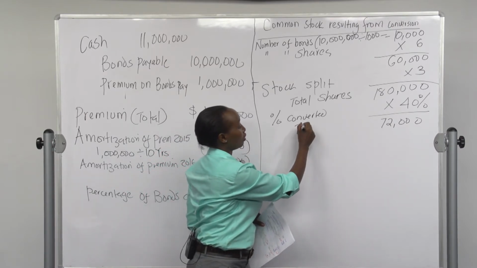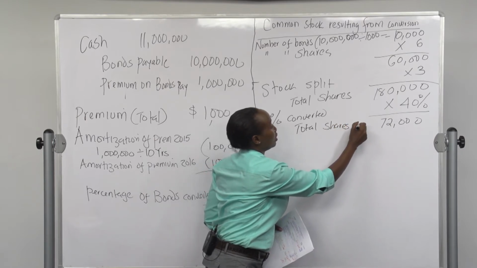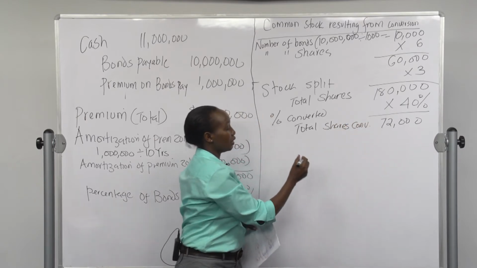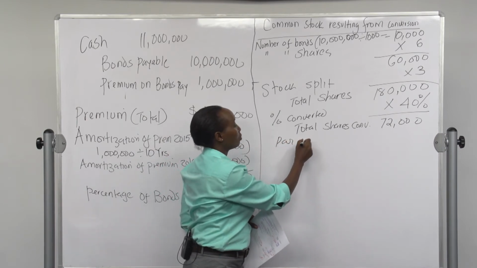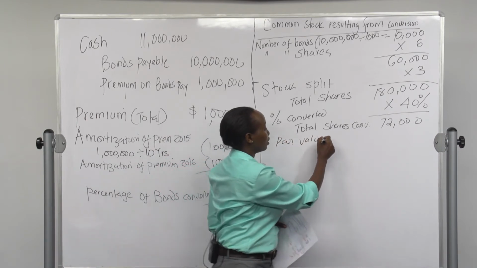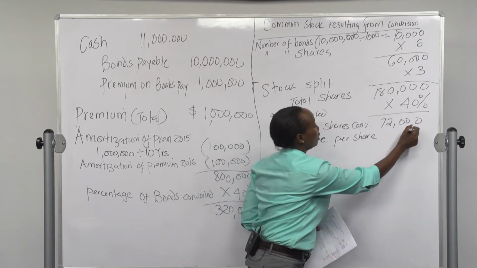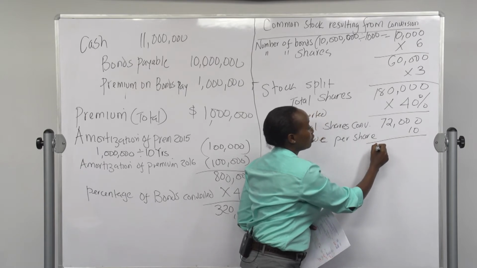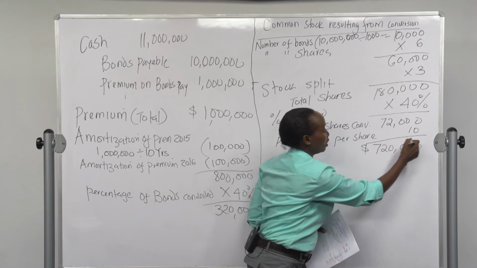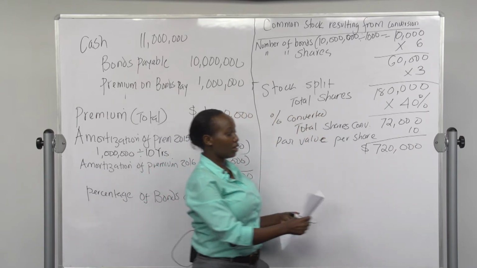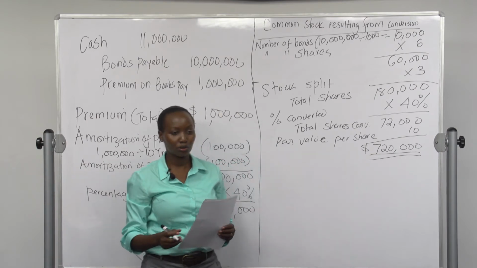The total shares converted is 72,000, and the par value per share is $10. So the total par value is 720,000. With this information, now we can post our journal entry for the conversion.